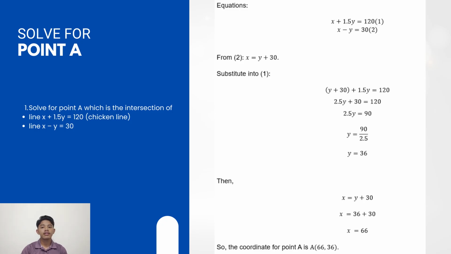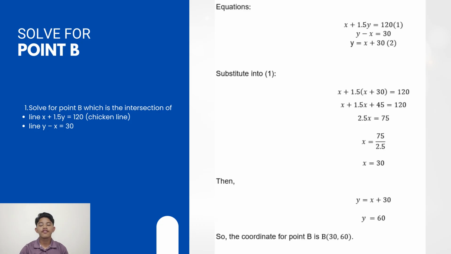Once we have the value of y, we can substitute it into the second equation, x equal to y plus 30. So y equal to 36, and then x equals 36 plus 30, which is 66. So the coordinate for point A is 66 and 36.